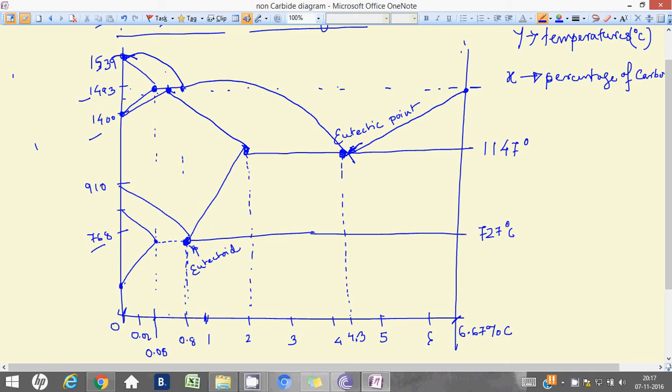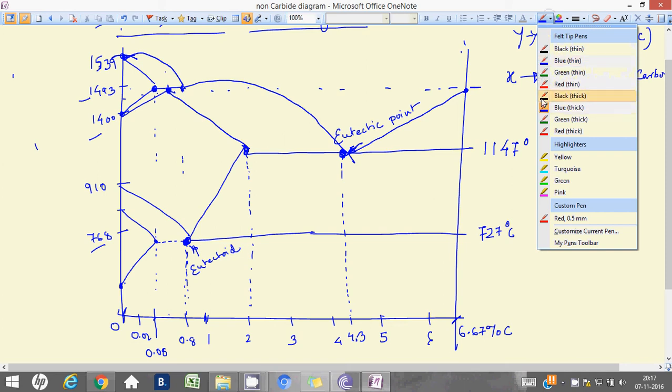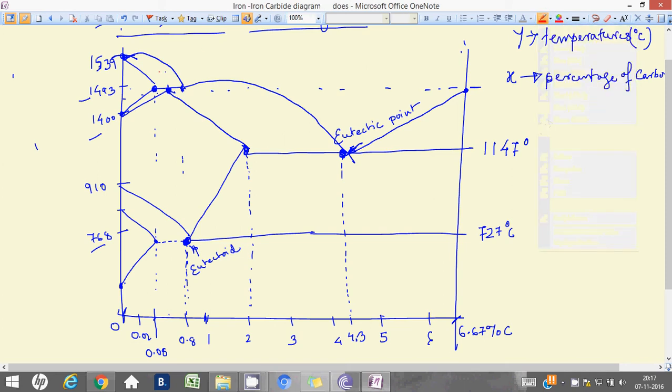Now we're coming up with the names and the symbols. Okay, let us take the red line. So this is our delta iron. This is our liquid iron.